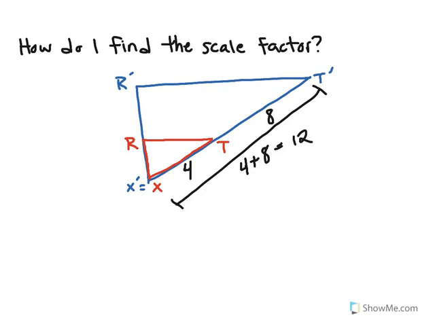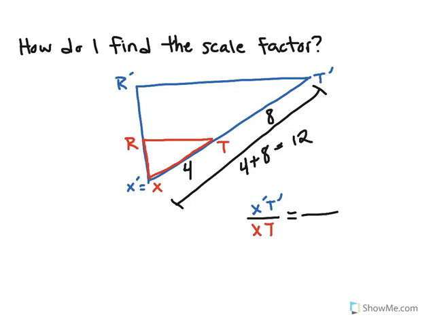So how do I find out just how much it grew by? Well, we're going to set up a ratio. The way that we do that is we set the image over the pre-image. So I'm going to set up X prime T prime over XT as a ratio of the lengths.